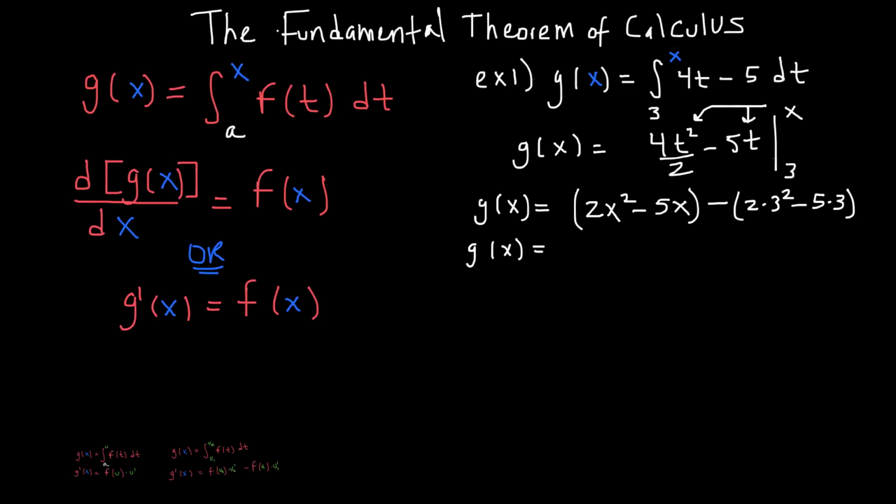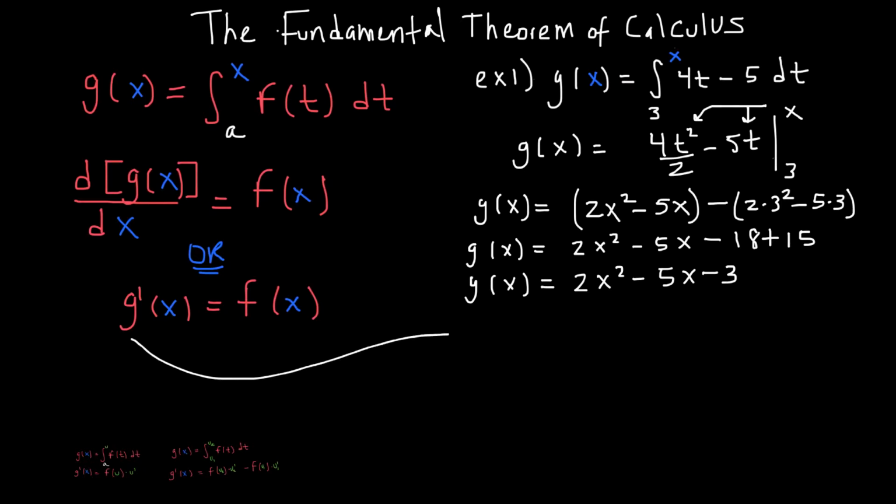So g of x here would be 2x squared minus 5x, and minus, let's see, that's 9 times 2, 18, and then that's minus 15, but with the other negative outside, it turns into plus 15. So g of x is 2x squared minus 5x minus 3.